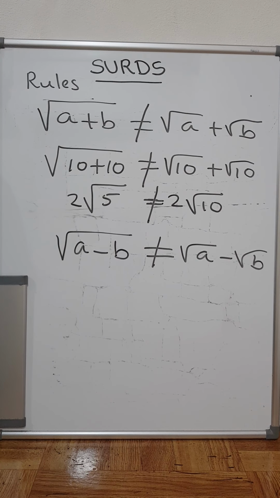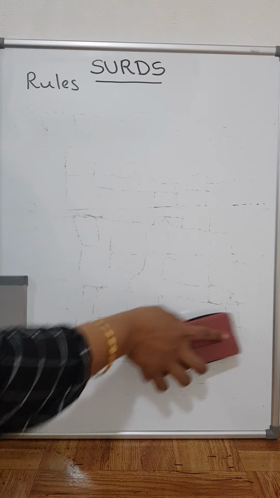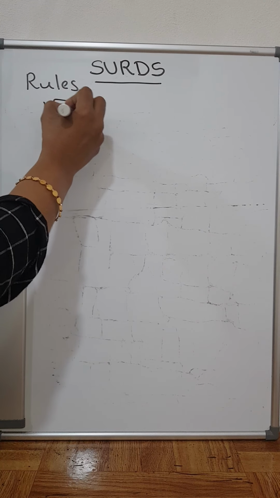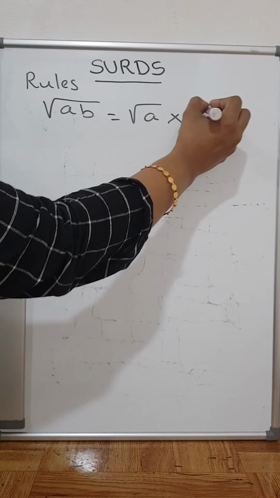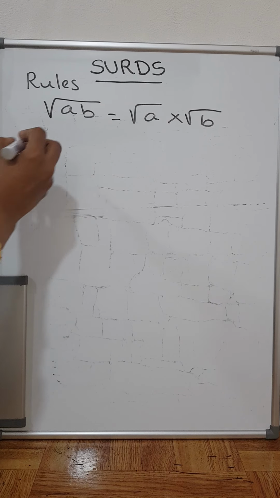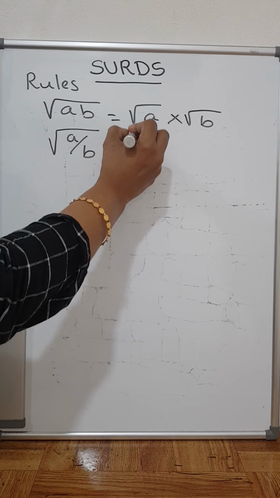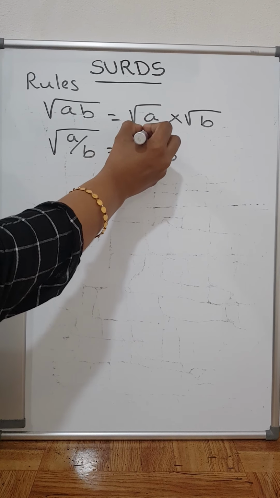Now we are going to simplify surds using the two rules that we have learned to manipulate surds. First one is root of ab is equal to root of a times root of b. Second one is root of a divided by b is equal to root of a divided by root of b.